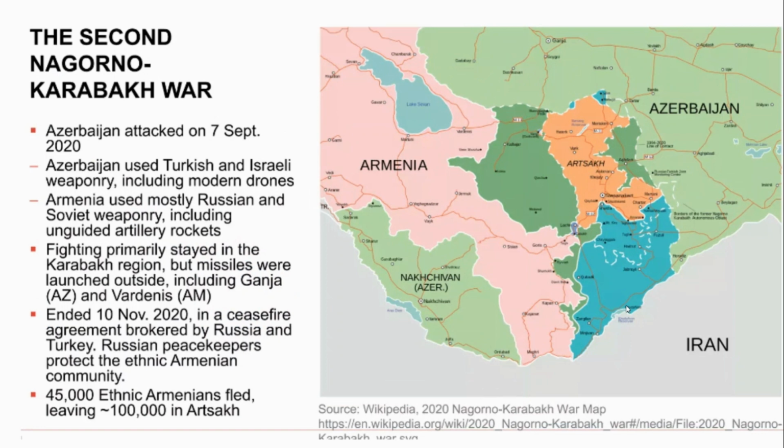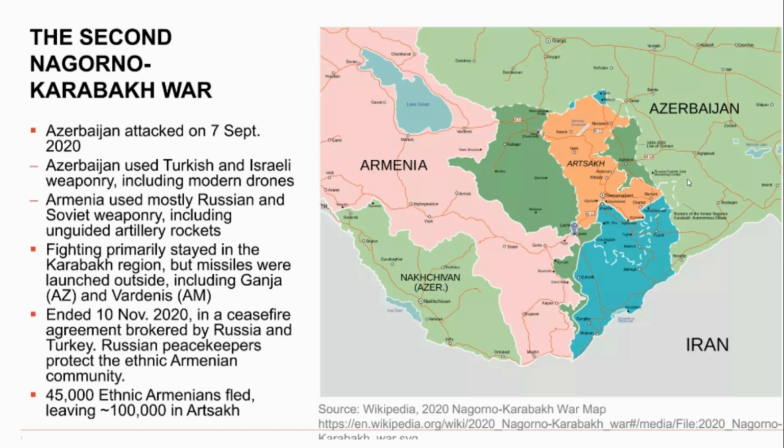I mentioned the Second Karabakh War, it started on September 7, 2020. The Azeri army used Turkish and Israeli weapons, especially drones, and Armenians used Russian and Soviet drones or weapons.